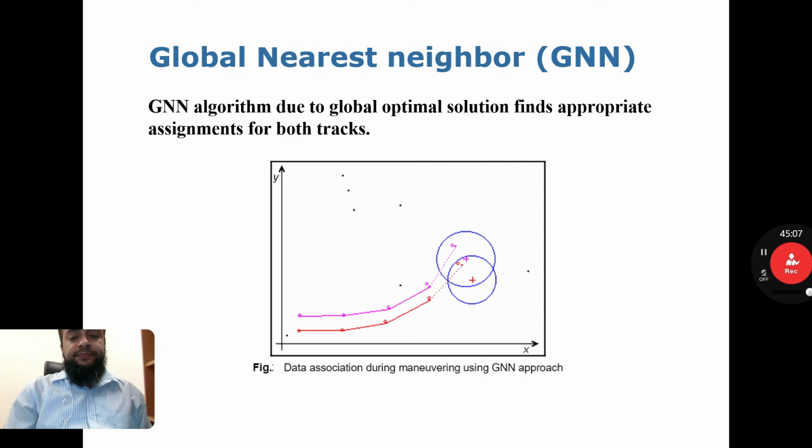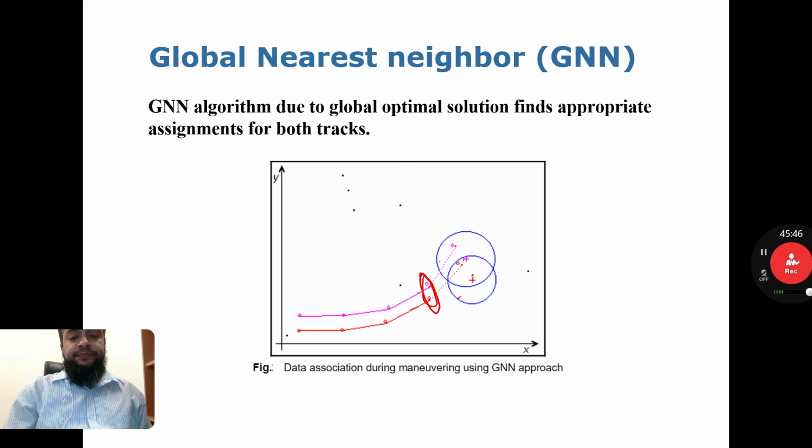Suppose the target is maneuvering like this one. The black dot is the collector, the circle is the prediction, and the target is moving up to here. After this point, we do not know whether the target will move up this side or this side. So suppose two tracks are generated, and one track creates the validation gate here and the other track creates the validation gate here.